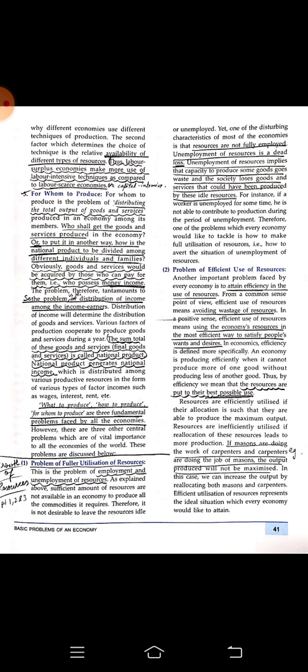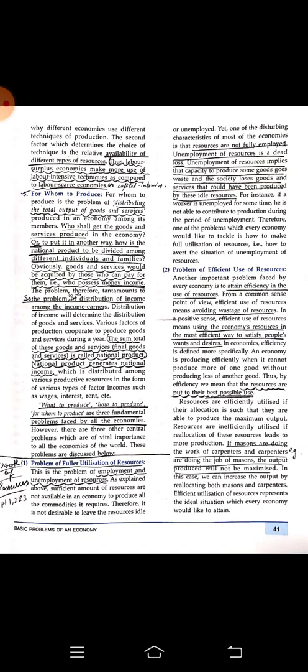Okay. Next problem is the problem of efficient use of resources. Attain efficiency in the use of resources and avoid wastage of resources. This is the main motive, that we have to use resources much more efficiently so that we can get the best result out of them, and we have to avoid the wastage of resources.